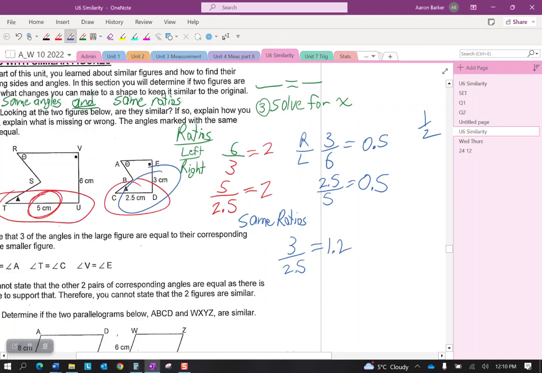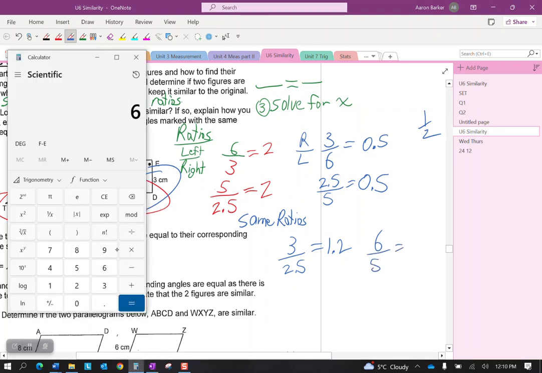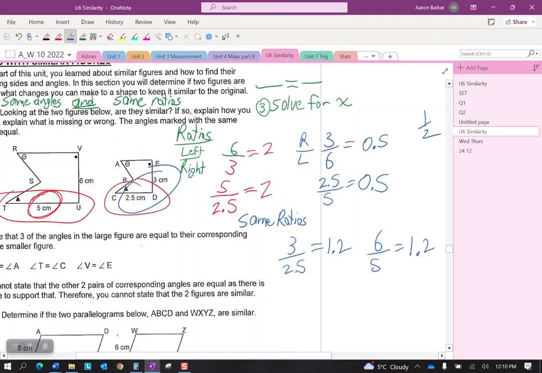Does it work for the other shape? What is 6 divided by 5? It's also 1.2. So you can check your ratios any which way you want, as long as the corresponding sides are paired together. Right? You got to match up the sides properly.